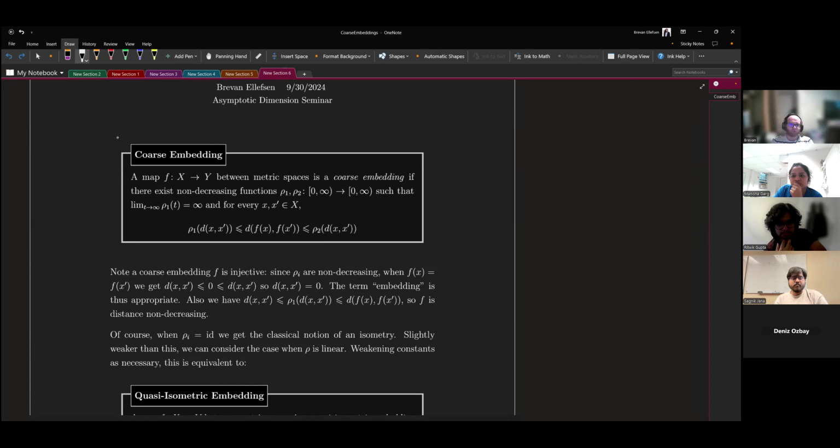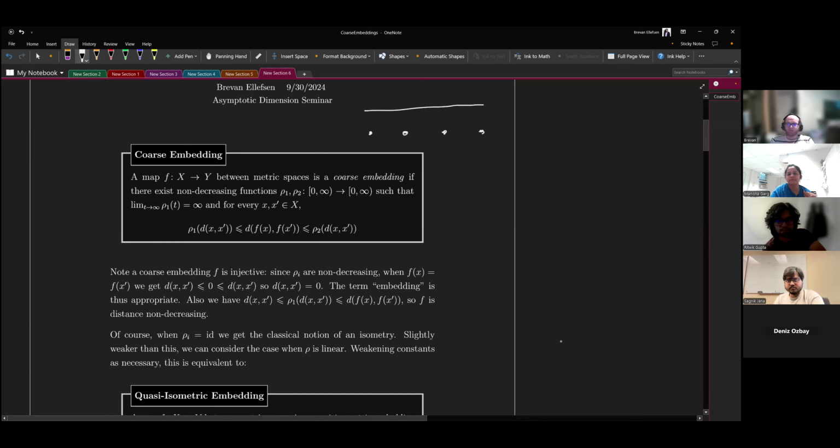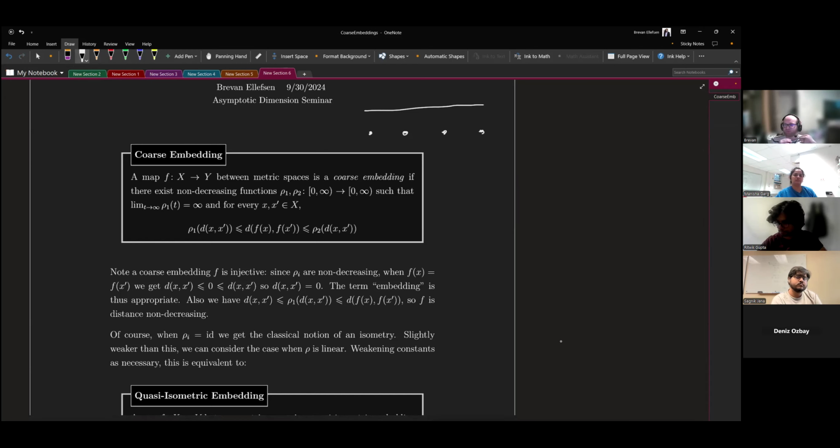So kind of pictorially, what's the best way to visualize this? I think the best way to do it is Z and R, because we've talked about that a lot. So if we have the real line here, and then we have our integer points here, there's not a nice map that goes directly from Z to R that is going to be an isometry.